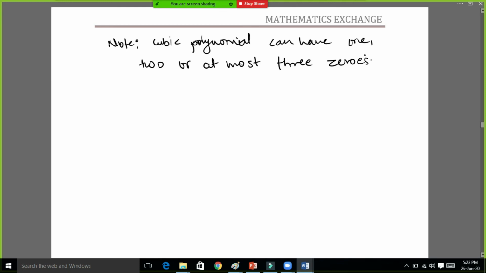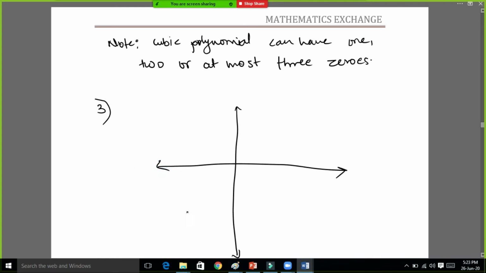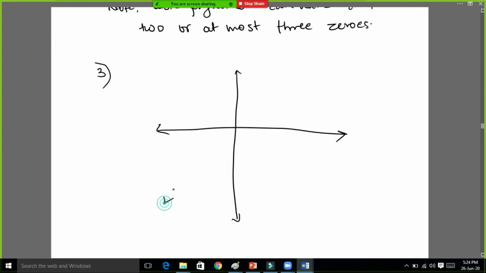It is also possible sometimes that the graph intersects the x-axis at only a single point, just like this. This graph intersects the x-axis at only this point. Now look at this point. This point is your origin. That means although it is a cubic polynomial, it has only one distinct zero, and two of the zeros are 0 here.